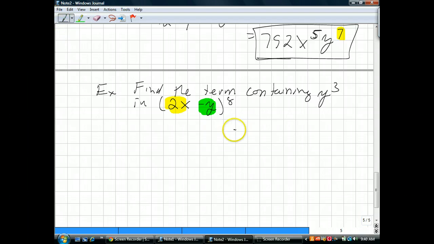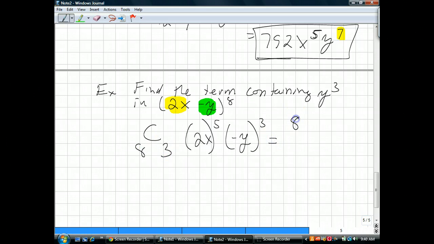Okay, so I want negative y to the 3rd power. So that means 2x is going to be to what power? That's right, the 5th power, because the powers have to add up to 8, and then it's going to be combinations of 8 things taken 3 at a time, or 8 factorial over 5 factorial 3 factorial, 2x to the 5th, negative y to the 3rd.